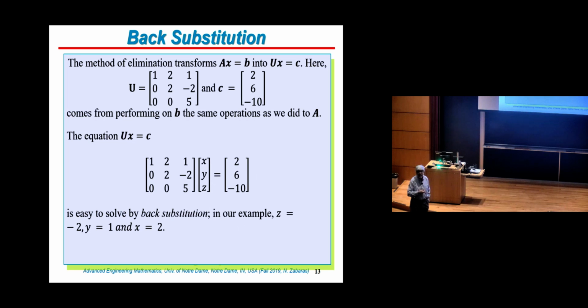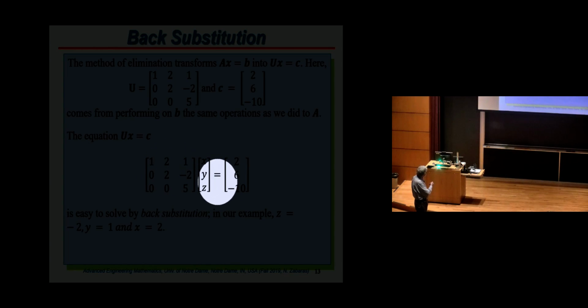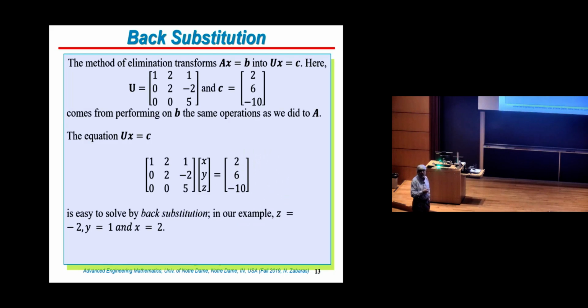Look at that. 5 times Z equal to minus 10. So what is Z? Minus 2. If you know Z, can you use the second equation, 2y minus 2z equal to 6, to compute y? So you can start from the bottom and go up, and this method is called back substitution.